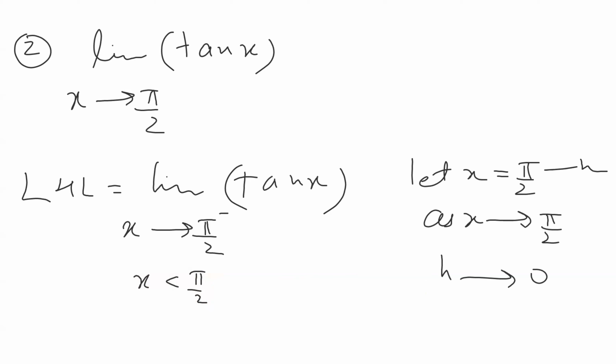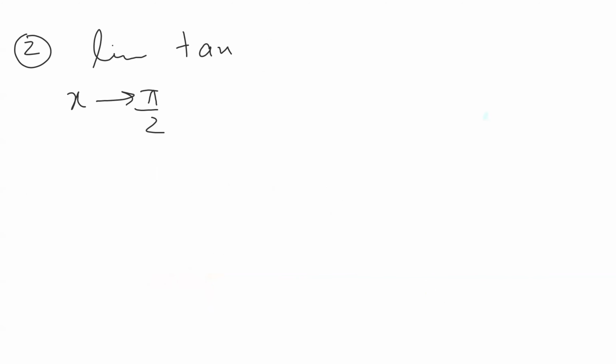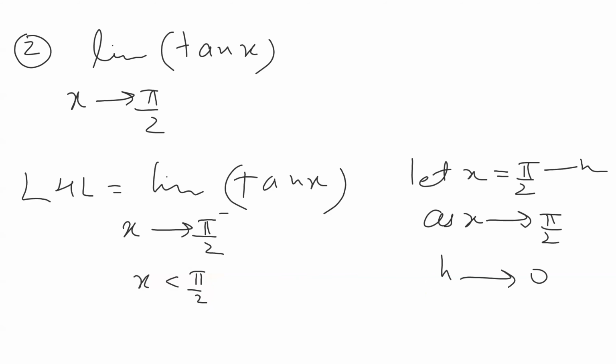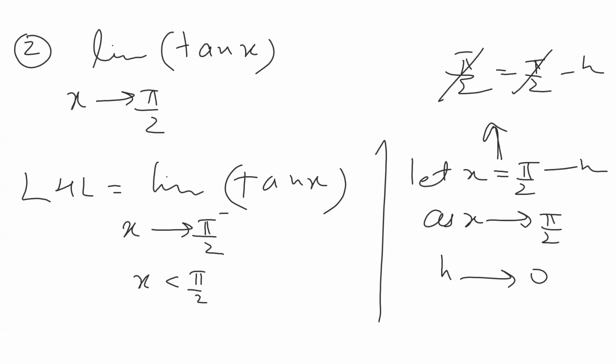So when the value of x is pi by 2, this pi by 2 and pi by 2 will get cancelled, as in, see, I'll tell you. So pi by 2 is equal to pi by 2 minus h. Pi by 2 pi by 2 will get cancelled, and minus h is equal to 0. This gives us h is equal to 0. Okay. So replace x with pi by 2 minus h.